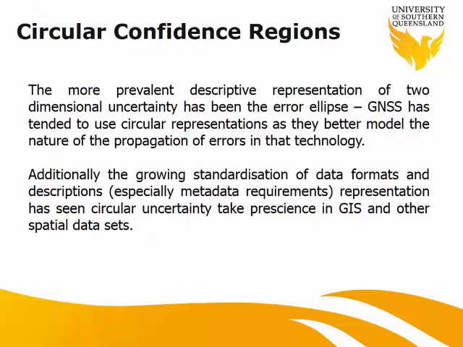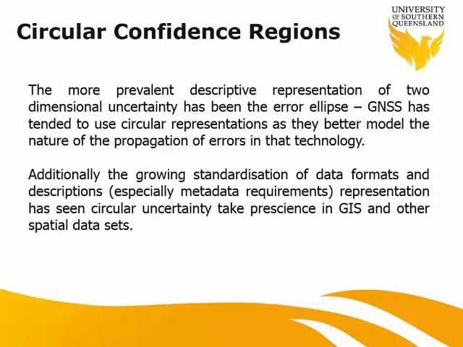So another definition that we need to know for error analysis is circular confidence region. Recently, the new descriptive representation of two-dimensional uncertainty, rather than error ellipse, especially in GNSS and GIS standards, they start to say circular confidence region.